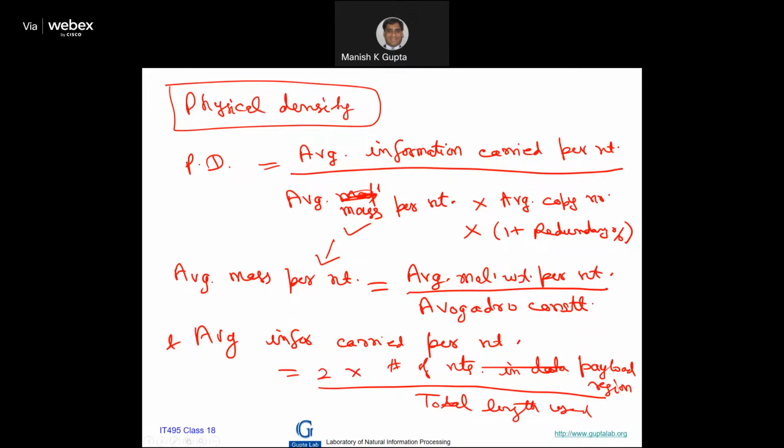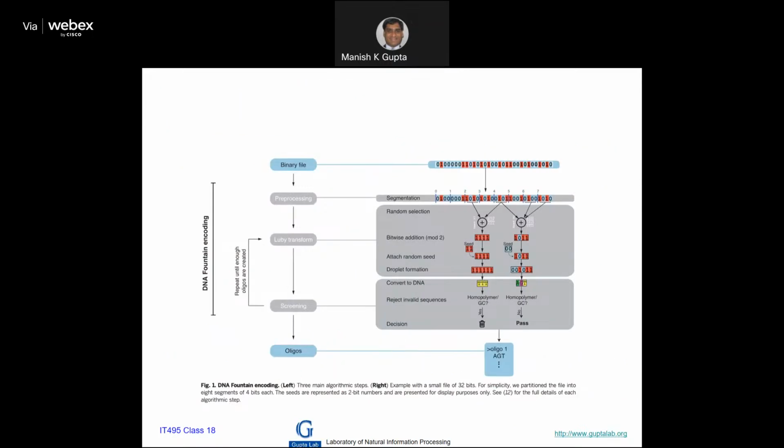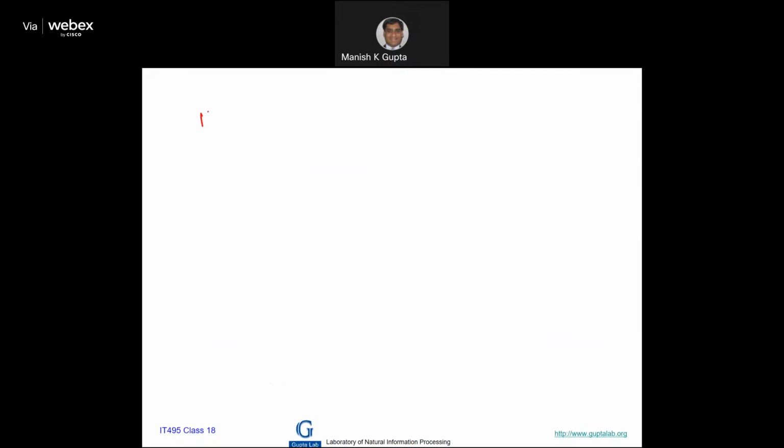And this is a fixed thing. Average molecular weight is fixed. So I can just tell you the formula for average molecular weight, and this is the constant.